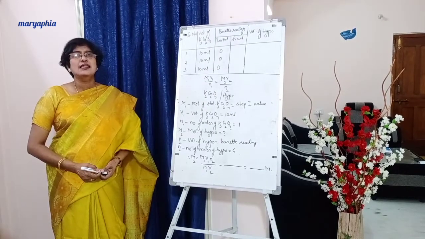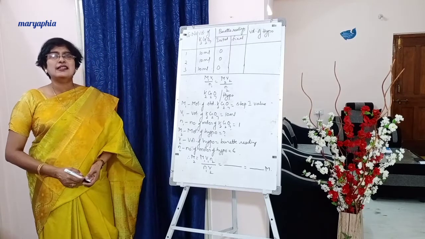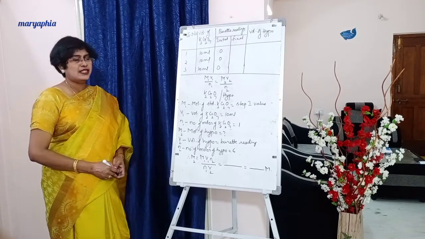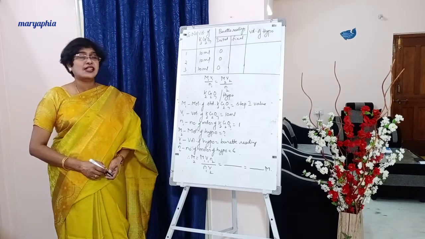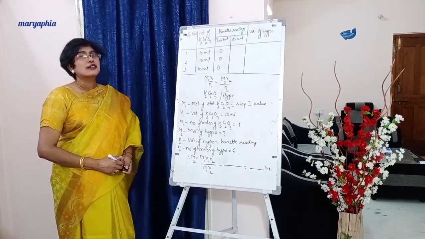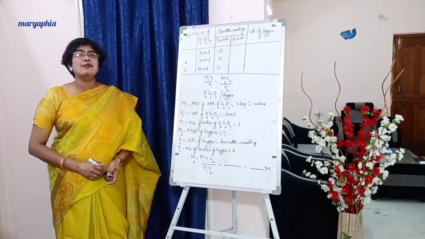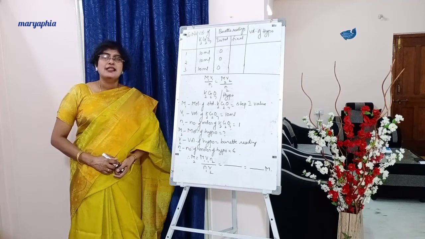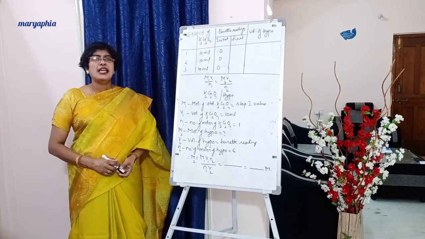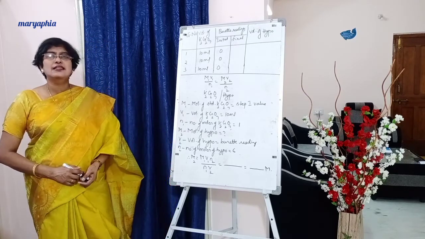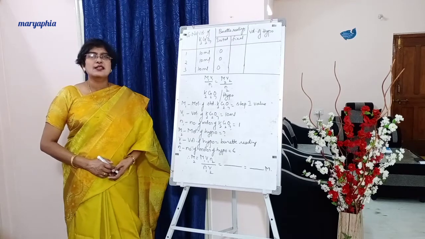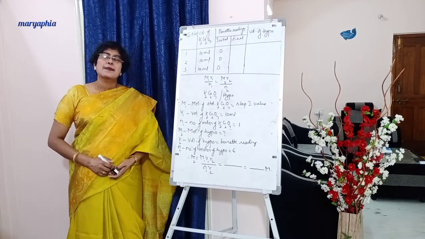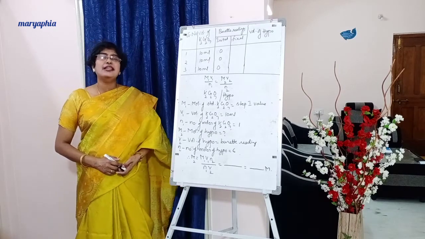Next comes the table. Take a pencil and scale. Write down: first column, serial number. Next, volume of K2Cr2O7. Next, burette readings, under which you have initial and final.